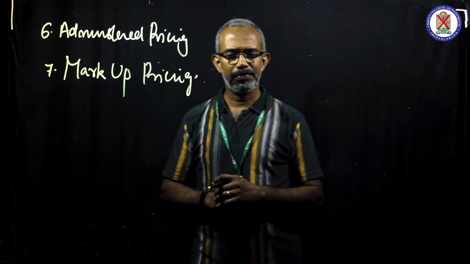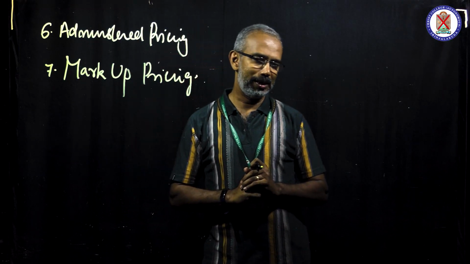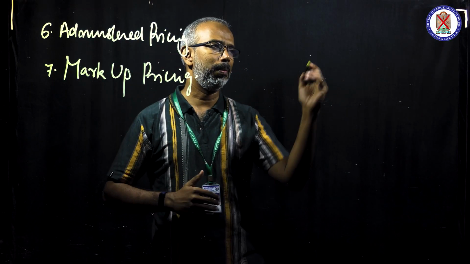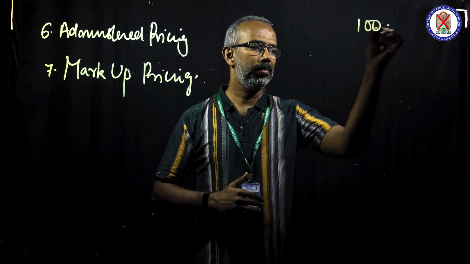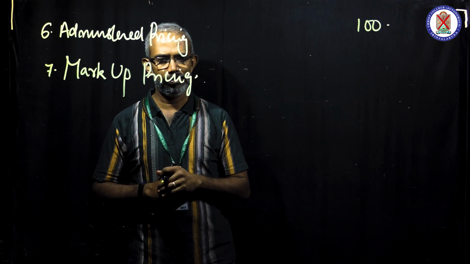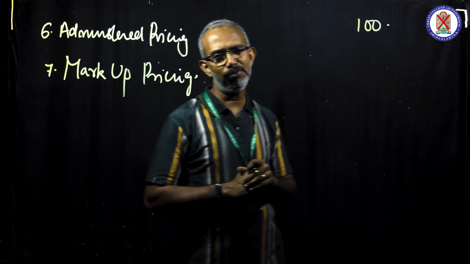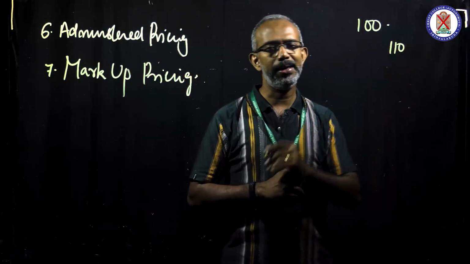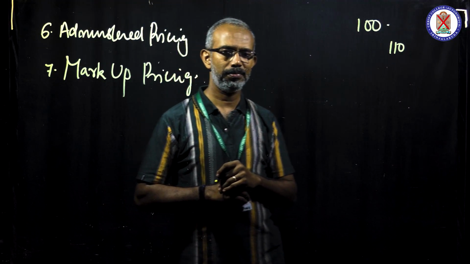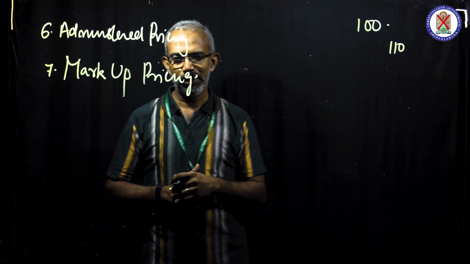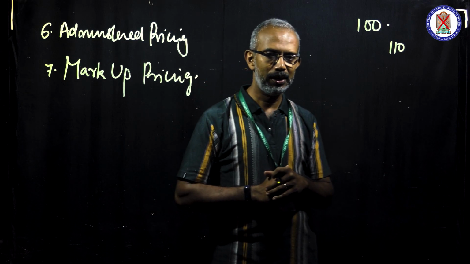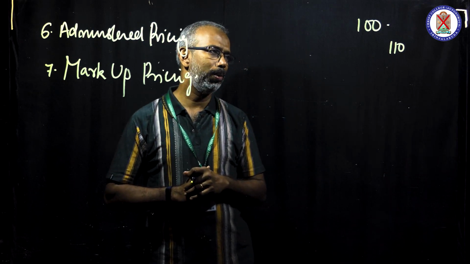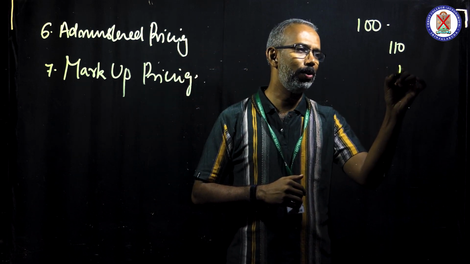Suppose you have a product which the wholesaler receives at rupees 100 from the producer. On this 100 rupees, the wholesaler does a markup of 10%, which means it is 110 at the retailer. At the retailer's end, he does a markup of 10% again, which will mean he does a markup of 11 rupees.